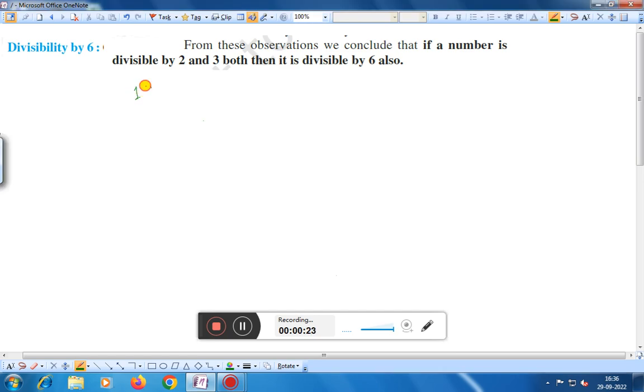The number is 18. Now, if we divide 18 by 2, then it is 2 9s 18, right?